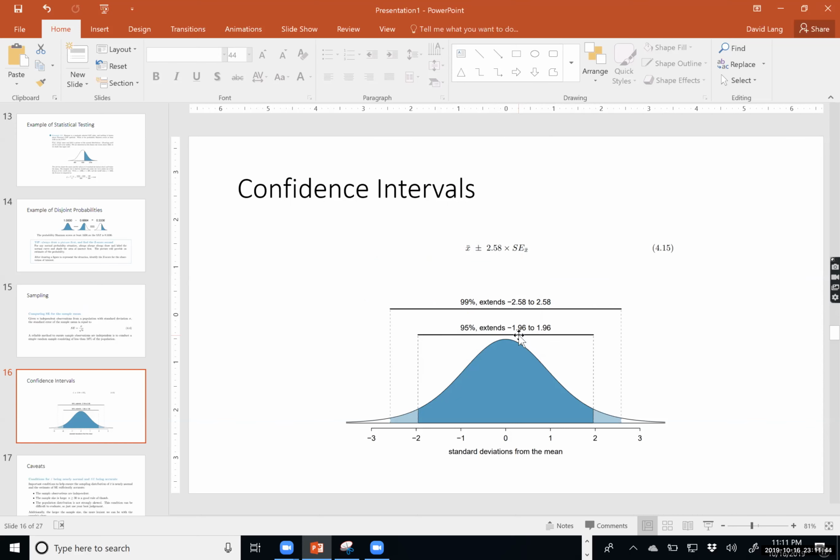And so again, going back to that normal curve, if we were to use 2 standard errors, we would roughly cover 95% of the data. And if we were to use a slightly larger amount of, say, 2.5, we would cover almost 99% of the data.